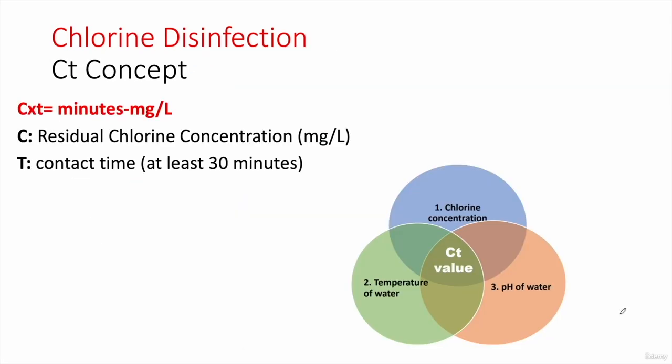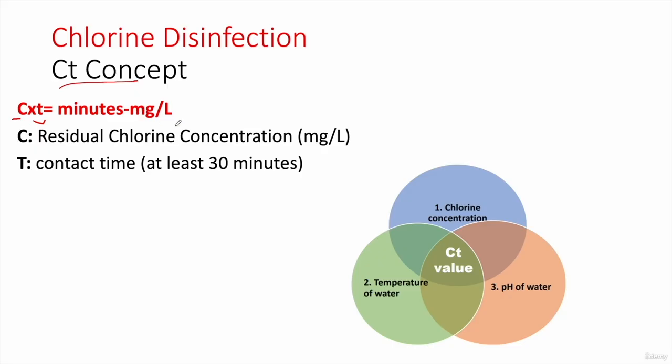Now we will talk about the CT concept, or the CT value. As I have already said, we base our calculations for the design of the chlorine contact tank on this CT value. So CT means concentration times time, and the result will be in minutes milligram per liter.